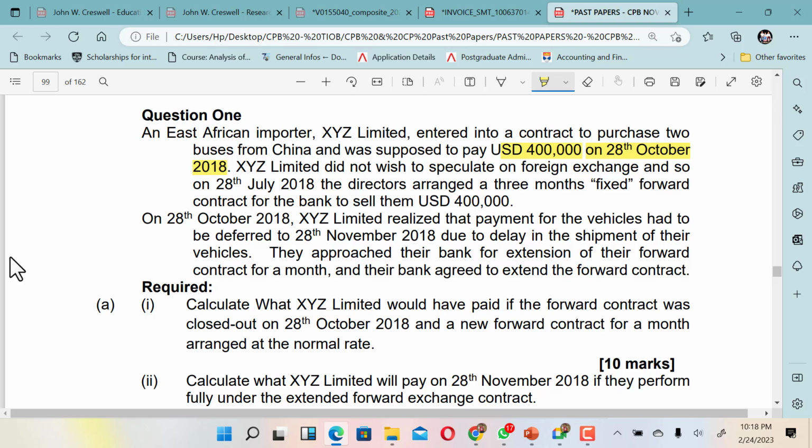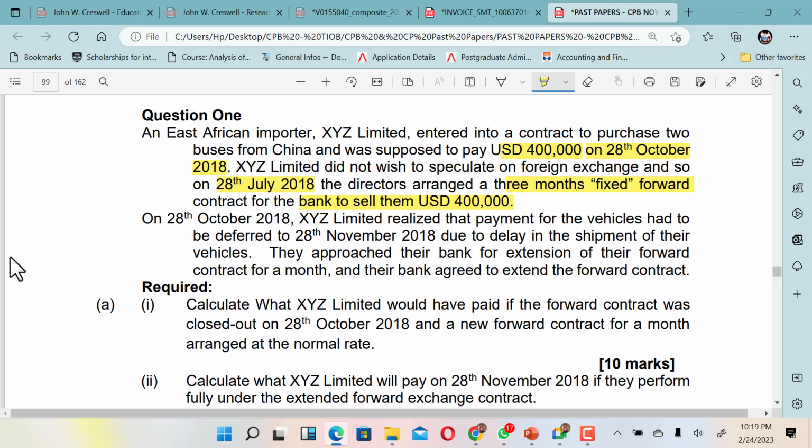XYZ Limited did not wish to speculate on foreign exchange, and so on 28th of July, the directors arranged a 3-month fixed forward contract for the bank to sell them USD 400. Okay.